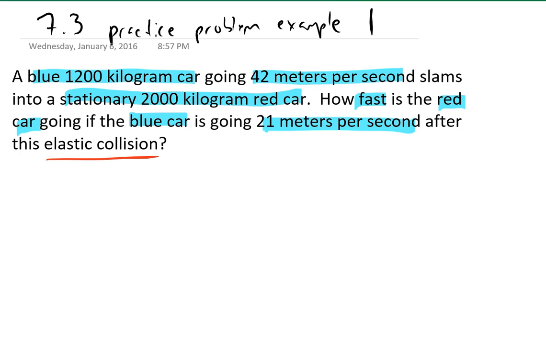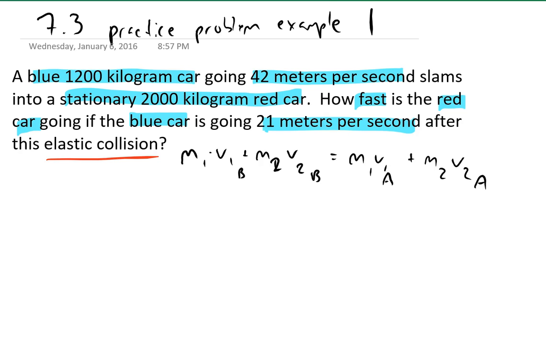So the equation for elastic collisions, as we saw before, is m1 times v1 before plus m2 times v2 before is equal to m1 v1 after plus m2 v2 after. Let me clean this up real quickly. Okay, so this is the equation we need.